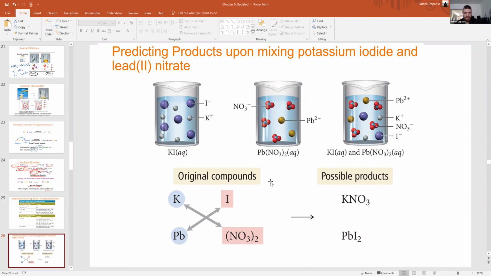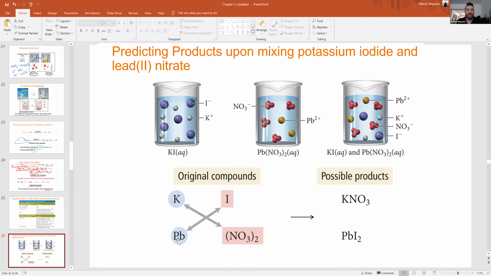Okay, so this is another example. You have KI, potassium iodide, and it's soluble. You have your K plus and your I minus, and you mix it with lead nitrate. Lead nitrate is soluble because we know that all nitrates are soluble.